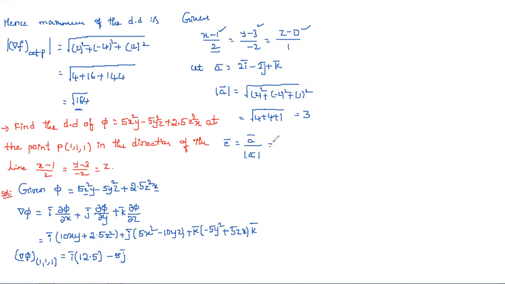So this is equal to, a bar is nothing but 2i minus 2j plus k bar, by the magnitude, how much we got, 3.